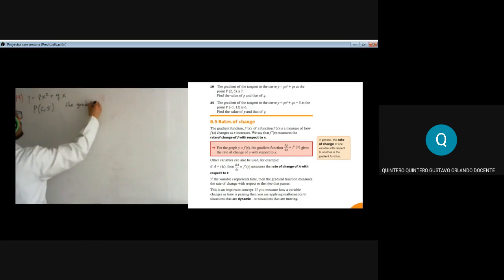At the point P, 2, 5, is 7. Okay, so we have a function, we have a point, and we know the gradient. The gradient is 7, right? From point 19. All right, and we need to find the value of P and Q.